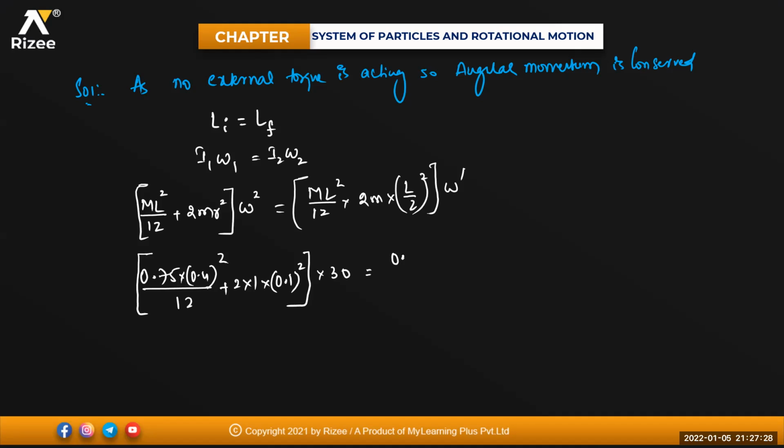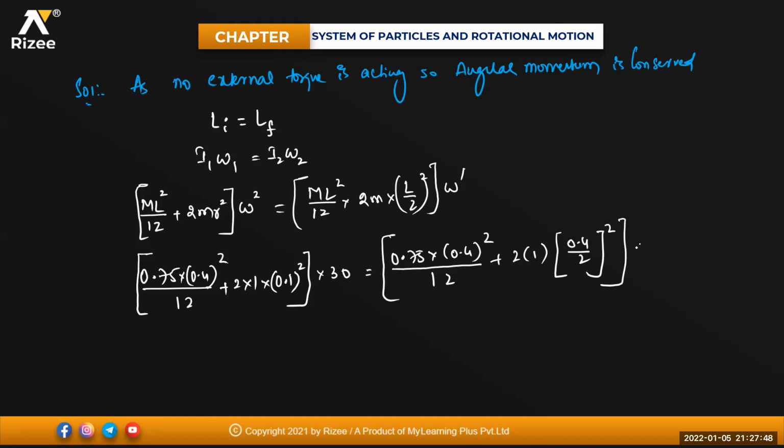That equals 0.75 into 0.4 whole square divided by 12 plus 2, mass 1, into length L by 2. L is 0.4, so 0.4 divided by 2 whole square, into omega dash. So get the value of omega dash. This is 0.2.